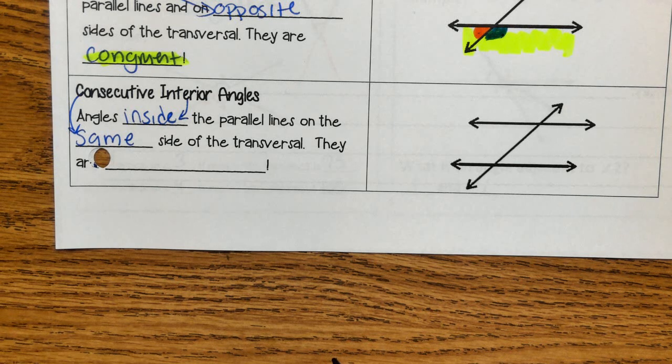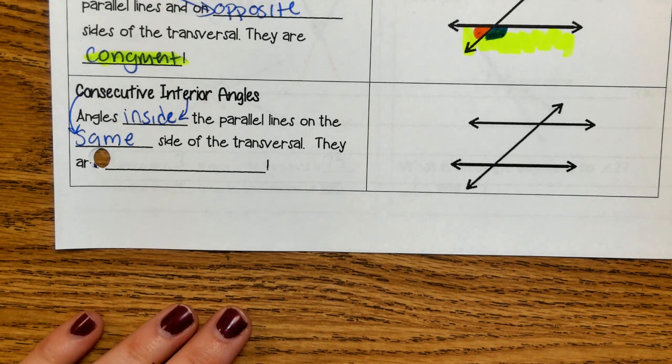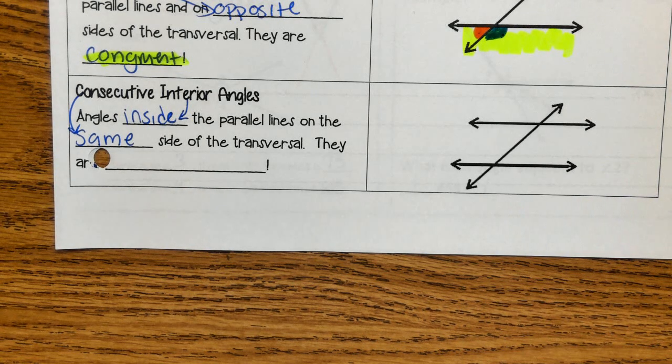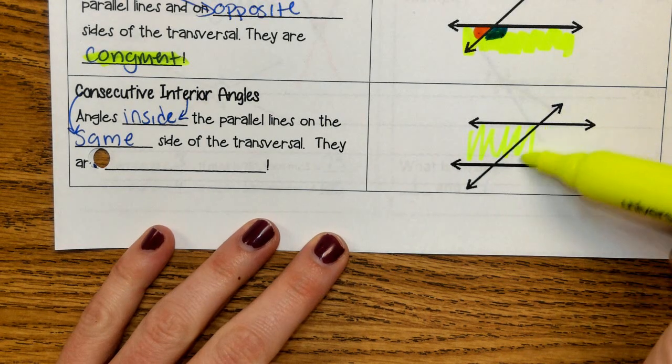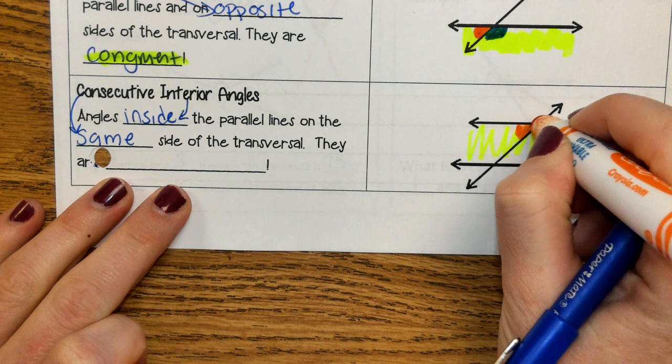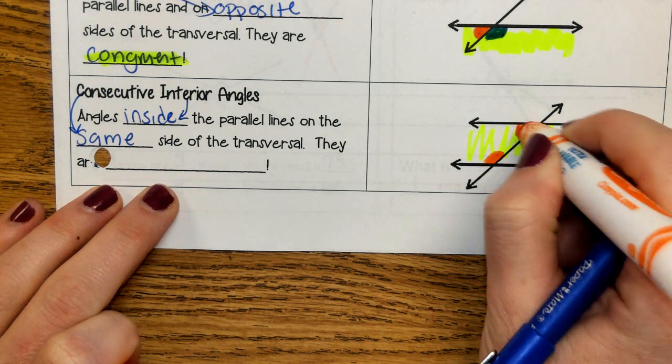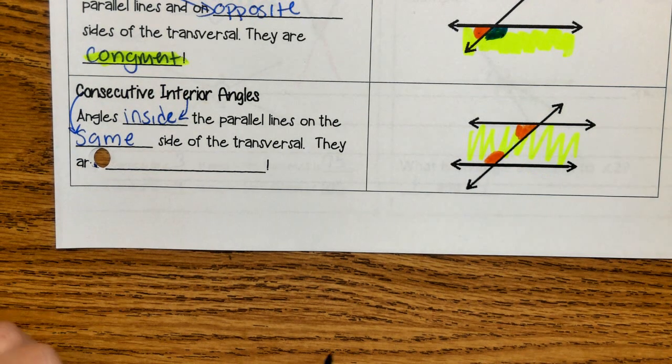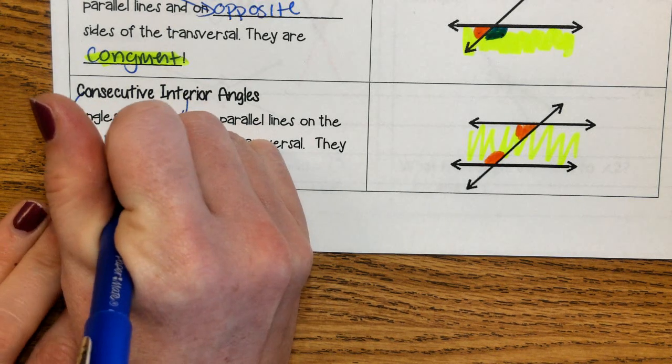And what do you think their relationship is? Let's think again. Because here's the inside. And here are the angles that are consecutive interior. One little, one big. They're not adjacent because they don't share one angle or one side. They're not congruent. What would they add up to? They're supplementary.